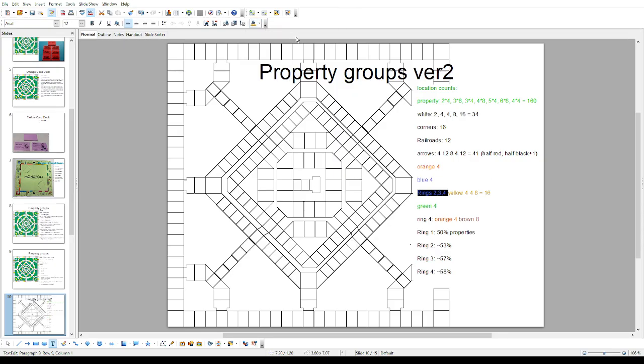Yeah, the yellow spaces will give you cards related to movement, but those are split between rings 2, 3, and 4. Green spaces are only in ring 3, because I decided I wanted to go with the idea of having multiple versions of chance slash community chest.